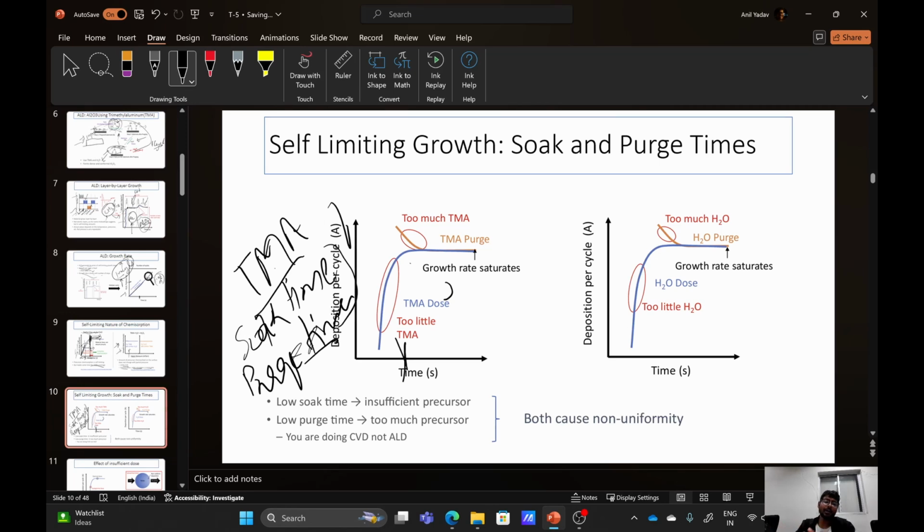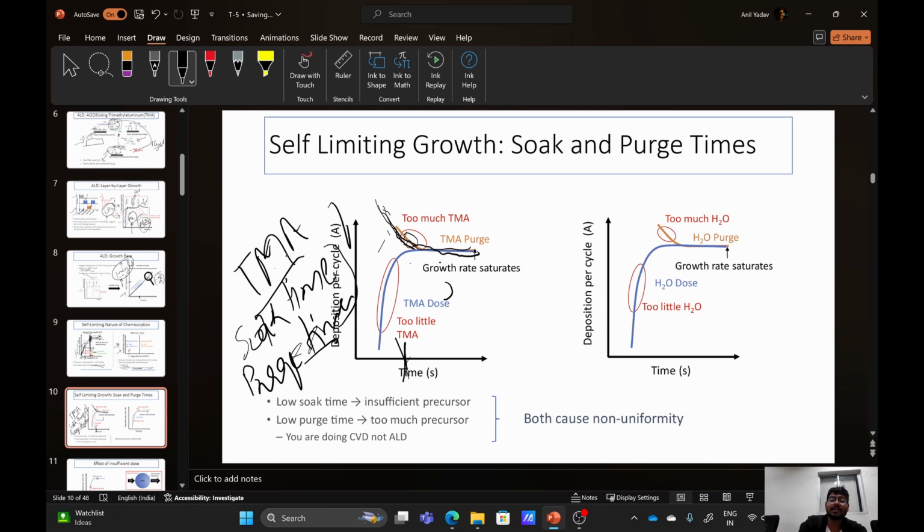So how can you remove that? By purging, by passing nitrogen through the chamber. The time for that will be such that the concentration of excess TMA in the chamber goes down and down, and this will get saturated.